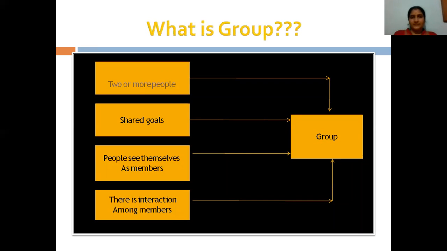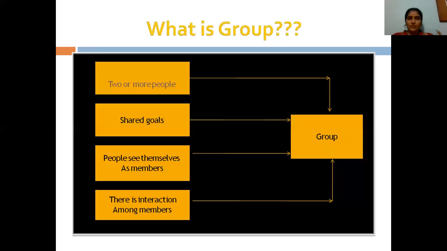Now let us start with the topic relating to group dynamics. Before going exactly to group dynamics, let us understand what a group is. A group is two or more people who share goals. People see themselves as members and there is interaction among members. All these constitute a team, and the team in a formal way we call a group.